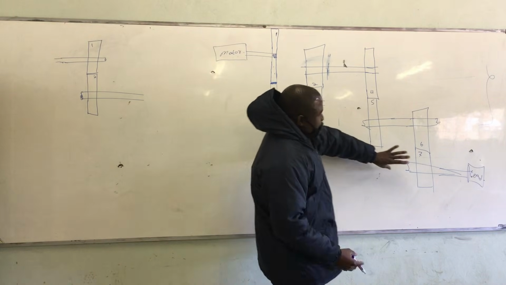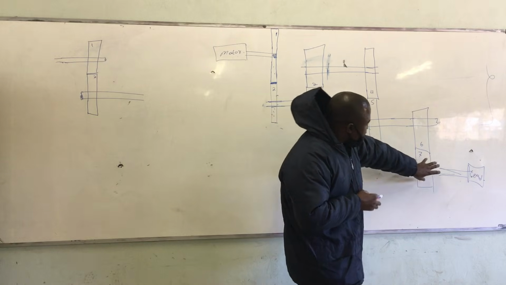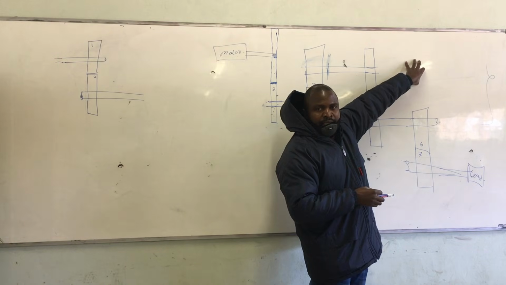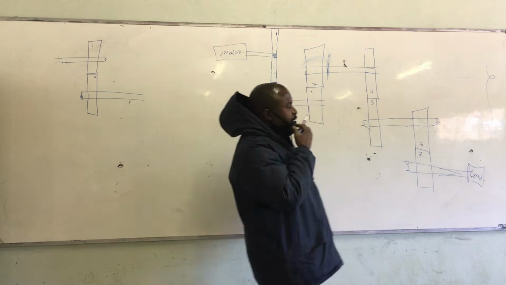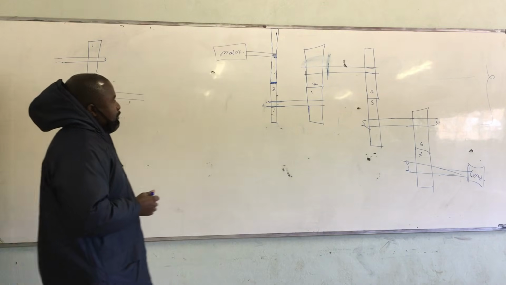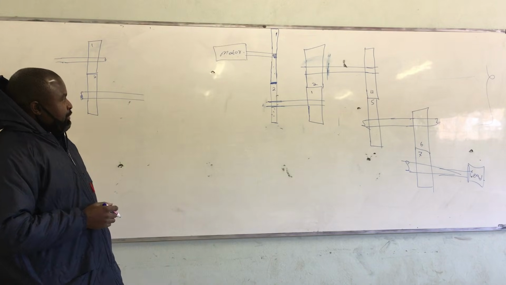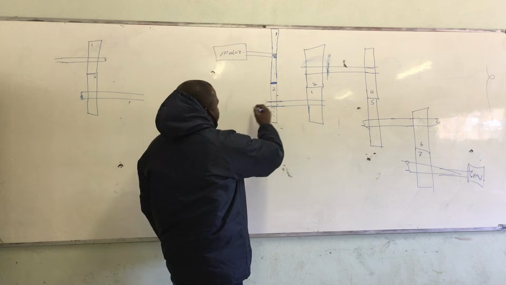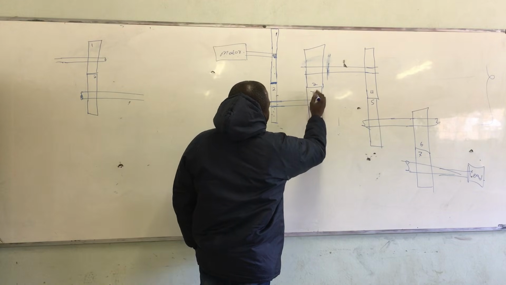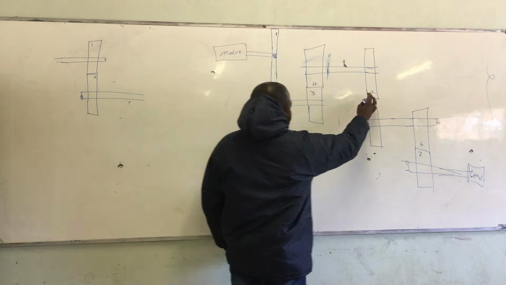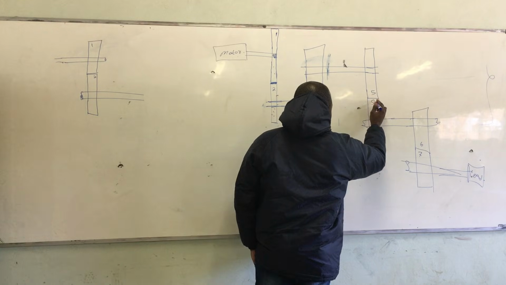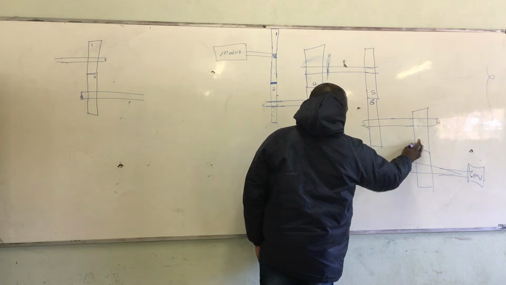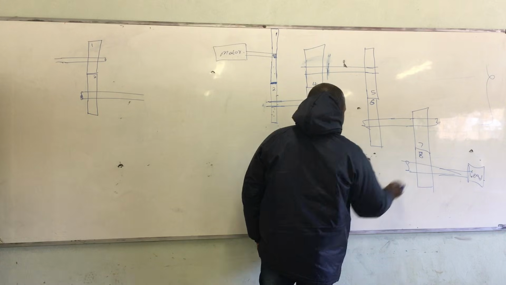So if you need a smaller box, you can take this shaft and put it on the other side. So okay, that's not a big problem. Let us check here. Gear 1, this is 3, this is 4, 5, 6, 7, and 8.